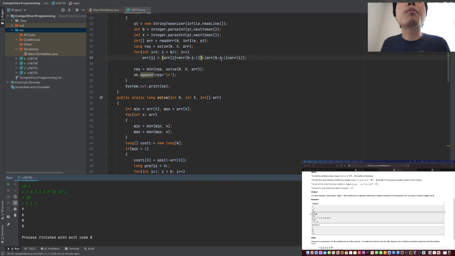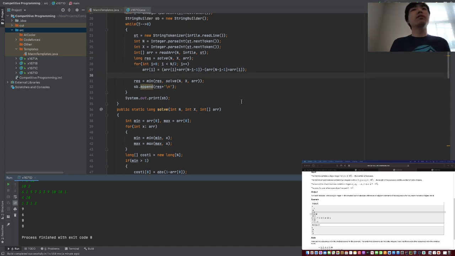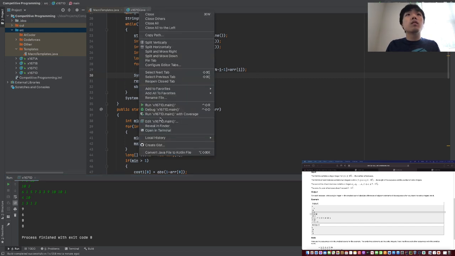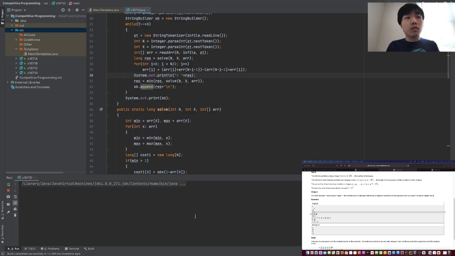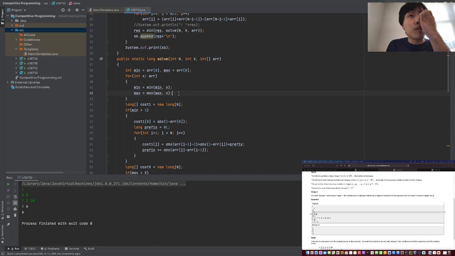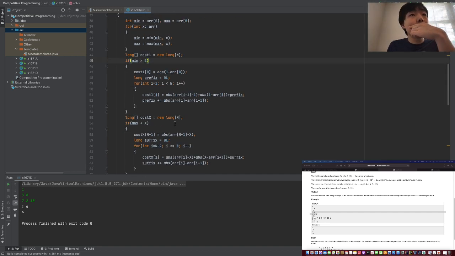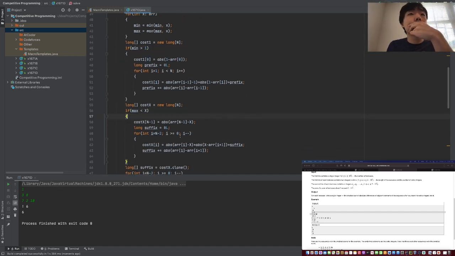This should flip it properly, right? I think so. Yeah. Okay, let's do this. Okay, it already became 6 up here, so that's no good. Min is min. If a min is strictly greater than 1, yeah, if a max is strictly less than x, which it is not.